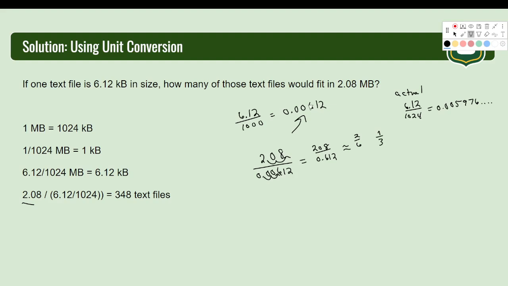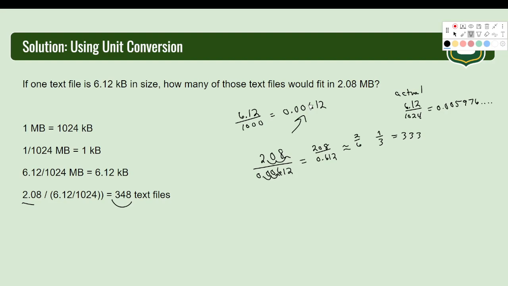That might help: 1/3 is 0.333 forever, so you'd want about 333. To get the actual value, you would have to calculate it. Honestly, 348 is the correct, exact answer.